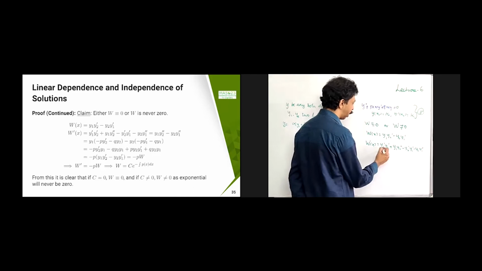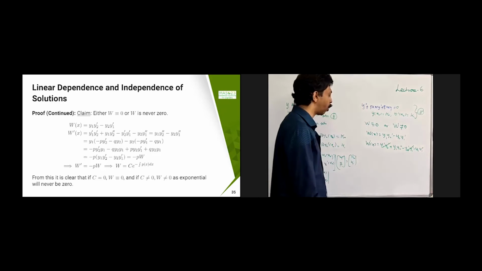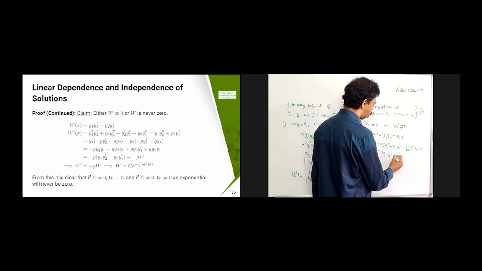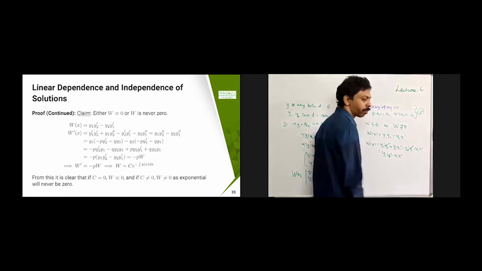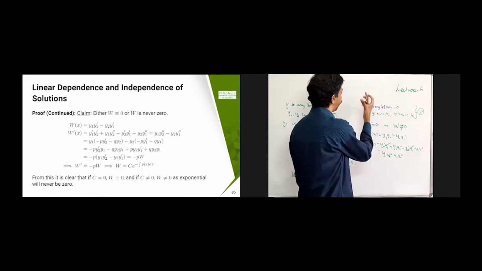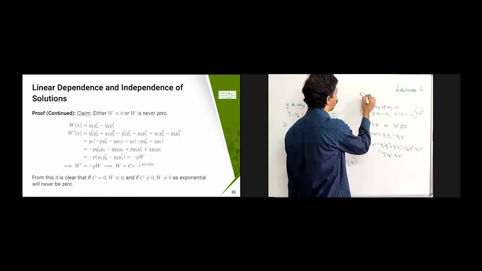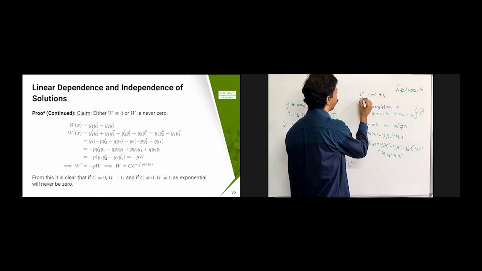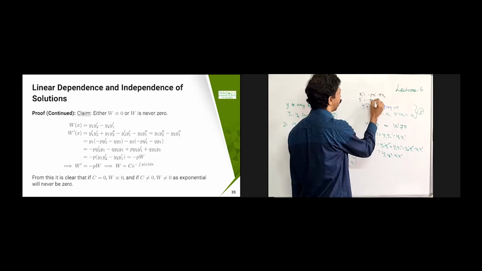Here the y1 dash y2 dash terms are the same, so I can just cancel them out. Therefore this becomes y1 y2 double dash minus y2 y1 double dash. But what is y2 double dash? I can substitute it over here, because y1 and y2 are two independent solutions. Therefore y2 double dash is going to be minus p y2 dash minus q y2. Similarly, y1 double dash is going to be minus p y1 dash minus q y1.